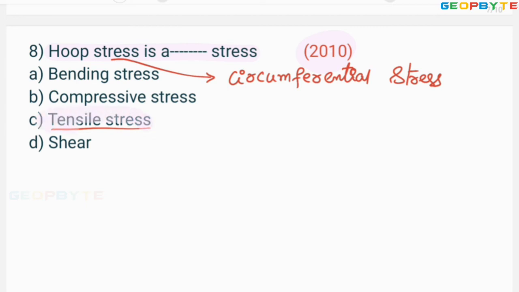Therefore, option C is absolutely the correct answer. This is a very important problem. Let me mark it as a 5-star problem. 5-star problem means the most expected problem in the competitive exams.